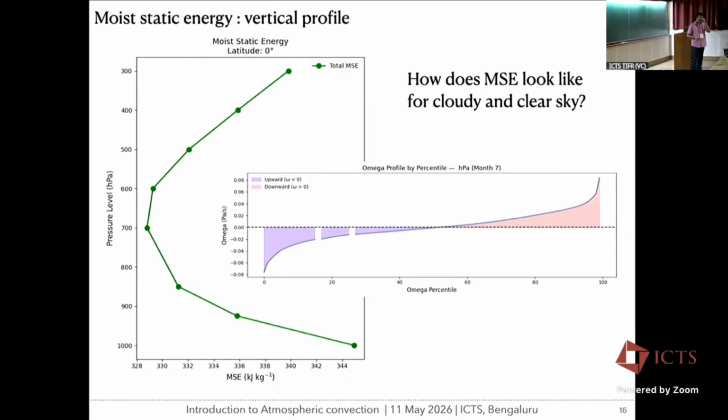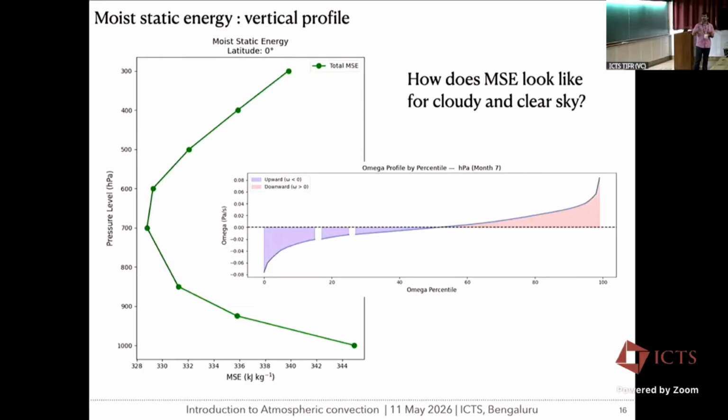So for this, I did a slight trick. Instead of specifically picking cloudy points and non-cloudy points, what I did is I took 500 hectopascal vertical velocity. So vertical velocity, we can take it as a proxy for clouds.